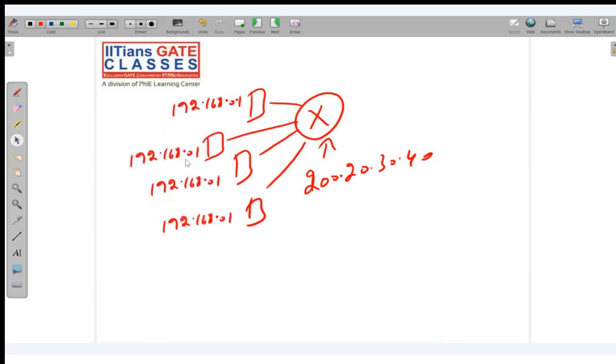Here I will say dot 2, dot 3 and dot 4. So total 4 computers are there, and the router has assigned these private IP addresses to them. For example, if this computer wants to send a packet to the internet, in SIP it will fill 192.168.0.1.